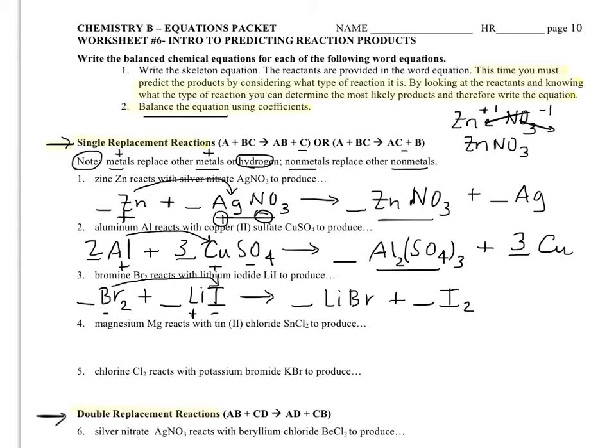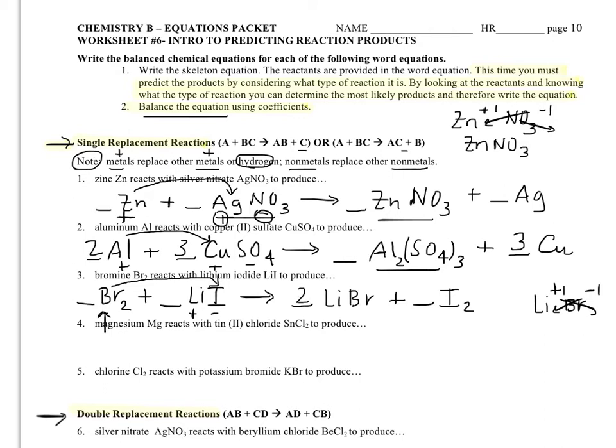So it's I2. Right, now we should double check. We can't just assume there's one lithium to one bromine. But if we look up their charges, sure enough, in this case, that is going to be true. All right, so now we just need to go through and balance our equation. So I've got 2 bromines on the reactant side.